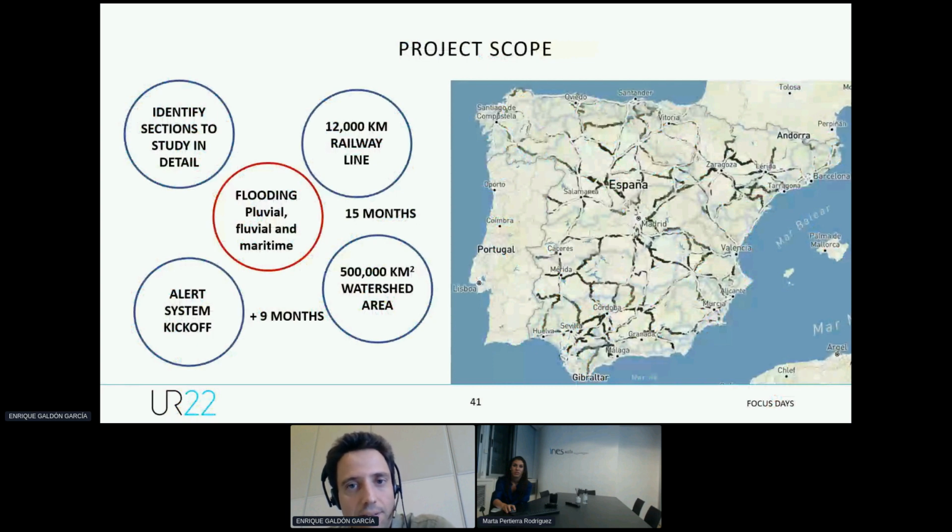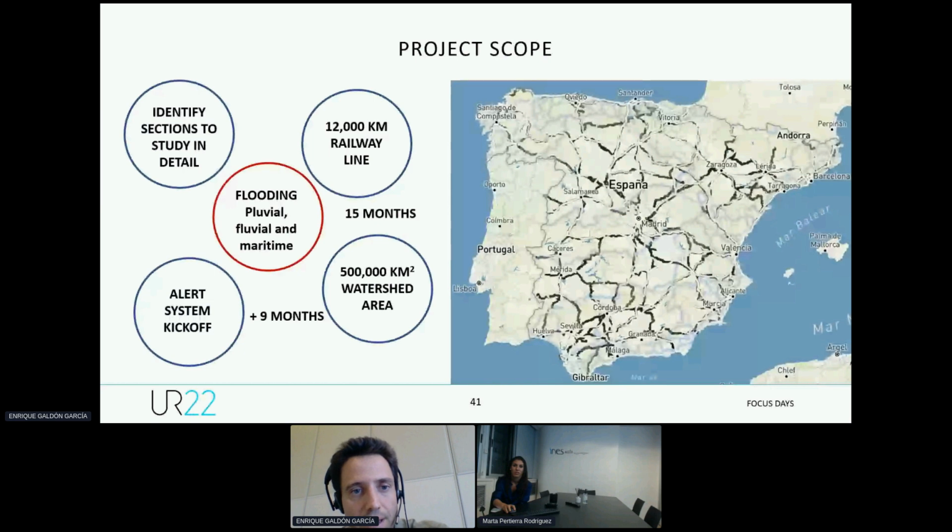The first thing that we can say is that the objective was to identify the sections to study further in detail, because our railway administration is aware that they have an extensive railway network, and they cannot achieve doing all the activities of retrofitting and resilience improvement. So they need to reduce and prioritize. That was the main purpose, to find which are the most vulnerable sections to address.